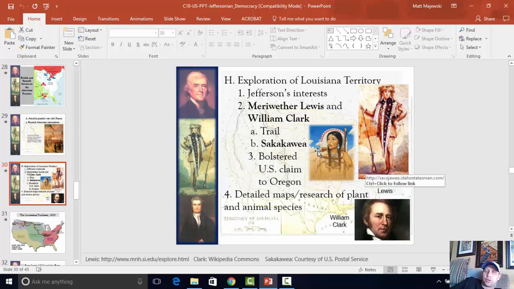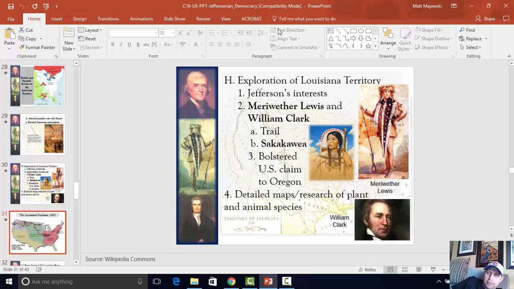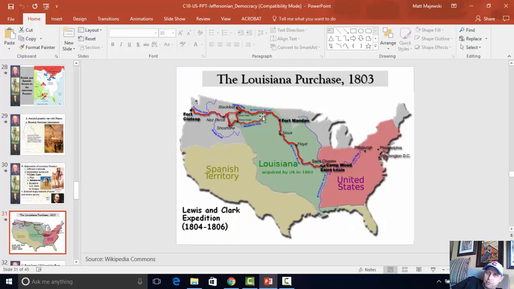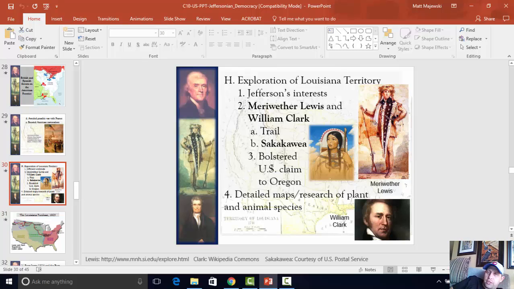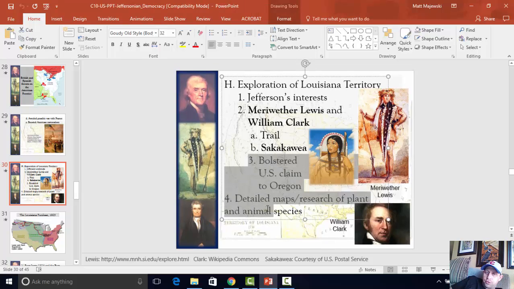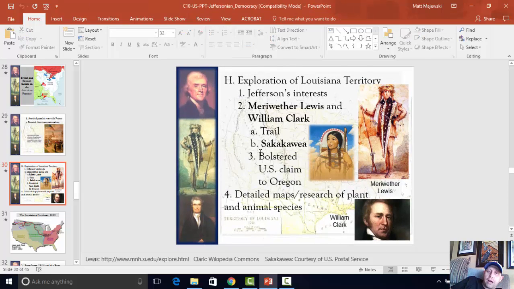She's actually an interpreter and a guide who helps them to navigate across this area, because there are many, many different native tribes. Some are hostile to the Americans, and she kind of is a go-between. She's a negotiator, and she helps them to find routes, to find paths. She helps them to deal with hostile tribes.